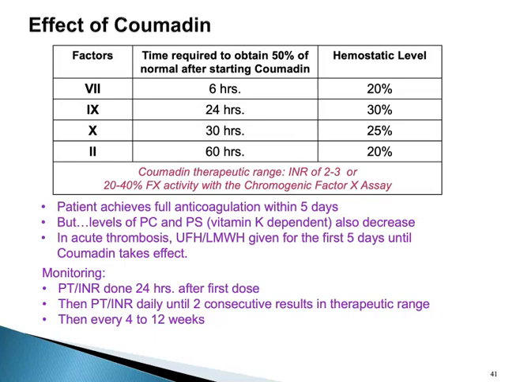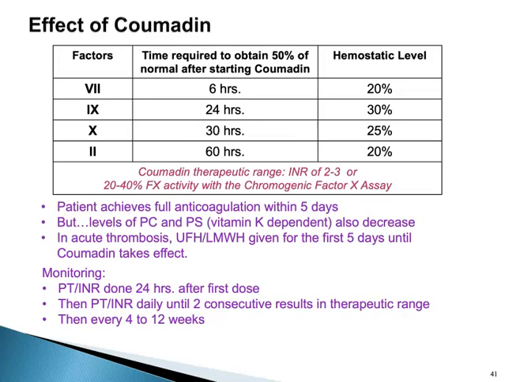To repeat, the patient will achieve full anticoagulation in coumadin or warfarin within 5 days. However, levels of protein C and protein S, which are also vitamin K dependent, also decrease. So that's something that we need to keep in mind.